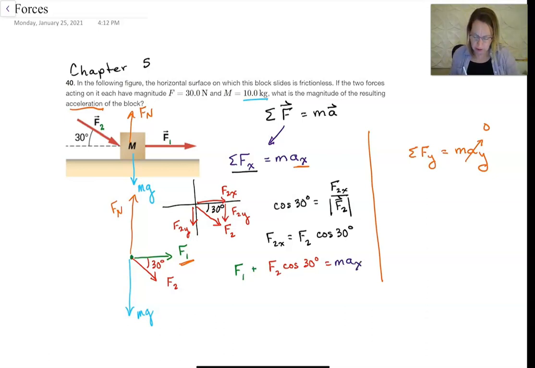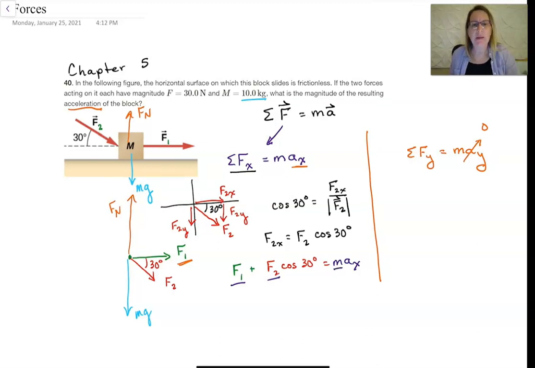Let's check. This I know is 30. That's 30 times cosine of 30, and my mass is 10. So I can find the acceleration. I've got 30 newtons plus 30 newtons times cosine of 30 degrees is equal to 10 kilograms times the acceleration. So I can divide the whole thing by 10.